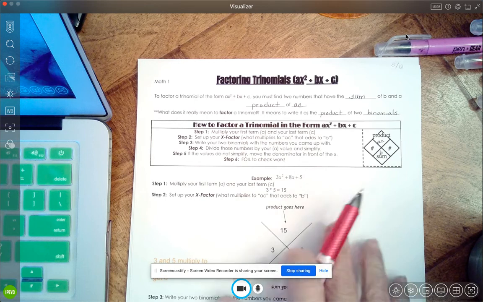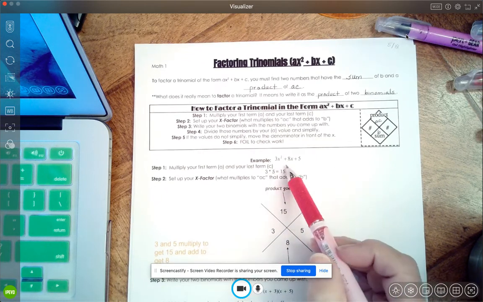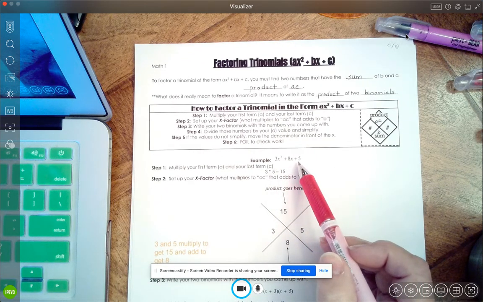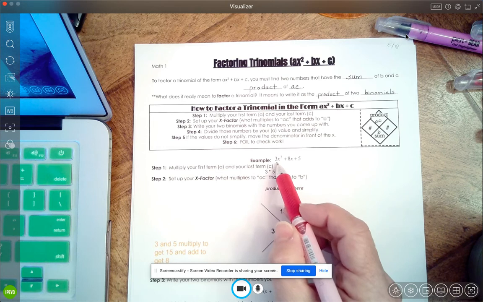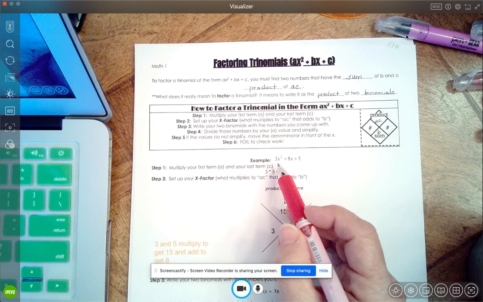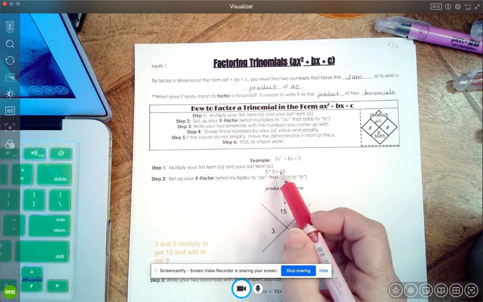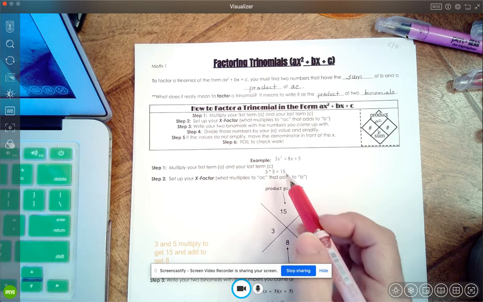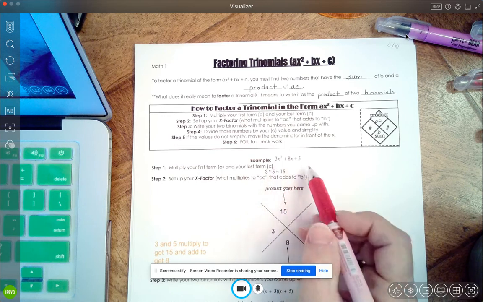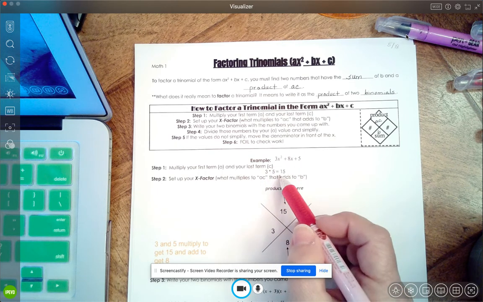So here is our first example: 3x squared plus 8x plus 5. I gave you a tough example to begin with. If you do not have a coefficient in front of the x squared, it's a 1. So that's very easy to do when they're like that. When we multiply our a and c value, 3 times 5 is 15.